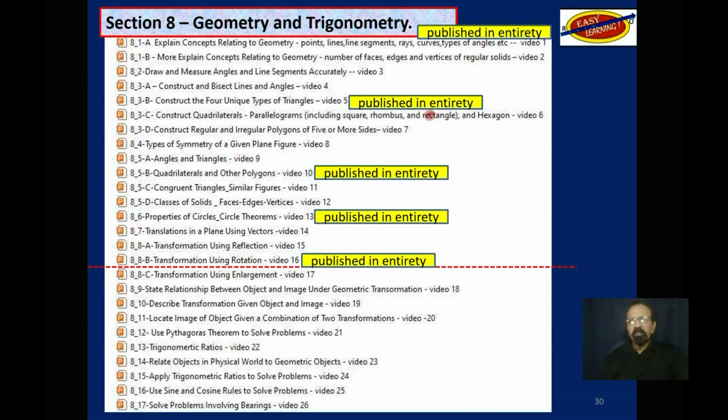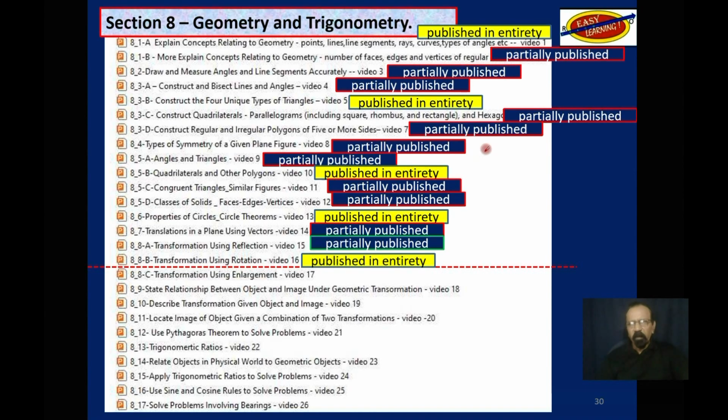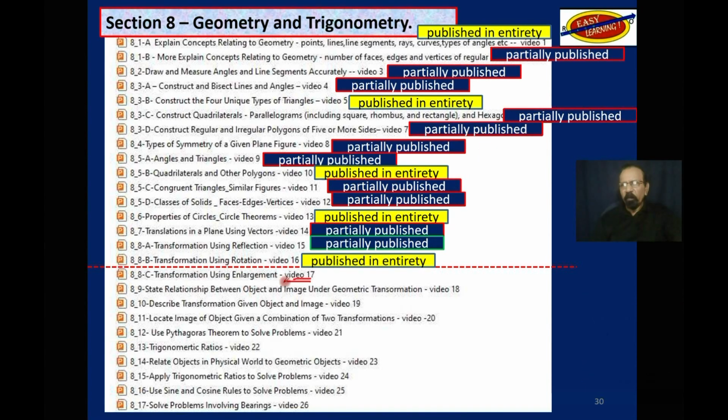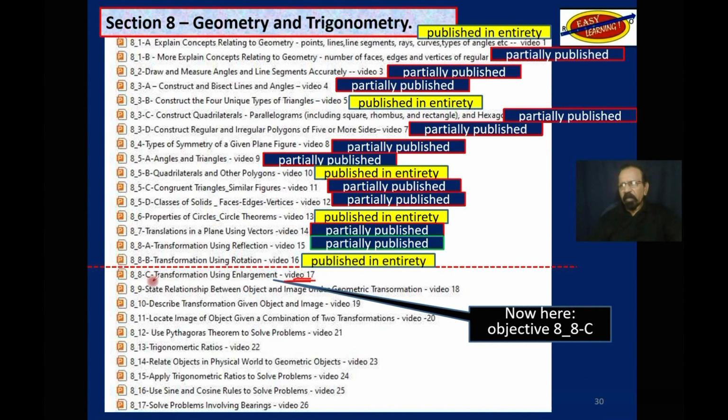So these that you see here in yellow have been completed and published in their entirety, the others partially. We are now here, video 17, which is actually objective 8_8C. So notice I had to break up this objective into 3 videos. When this one is finished, it will be partially published.